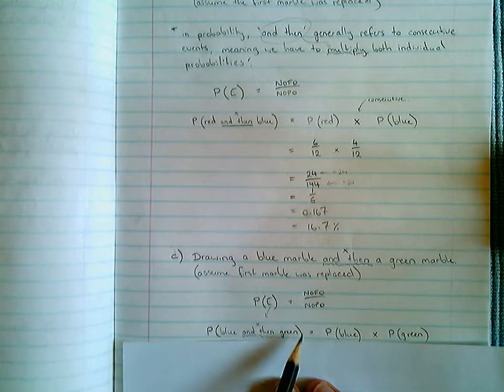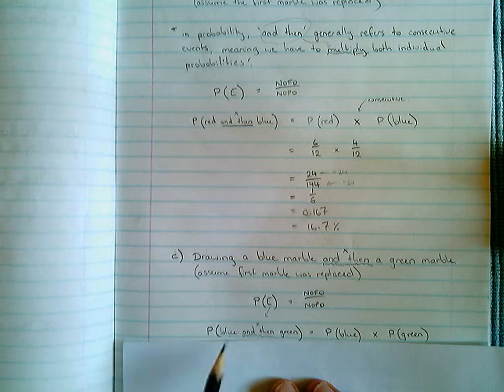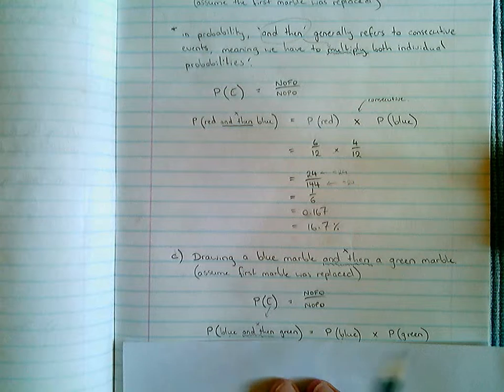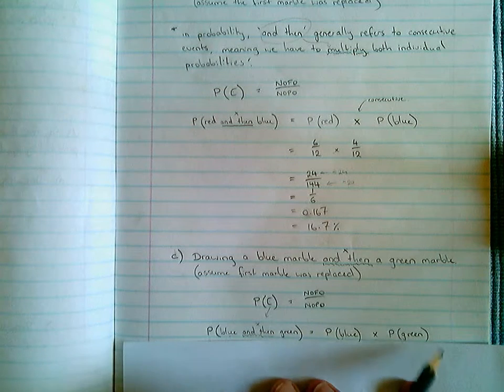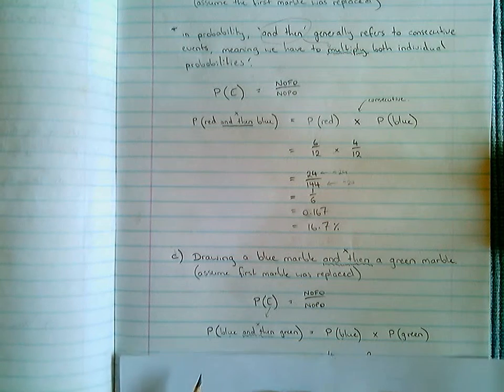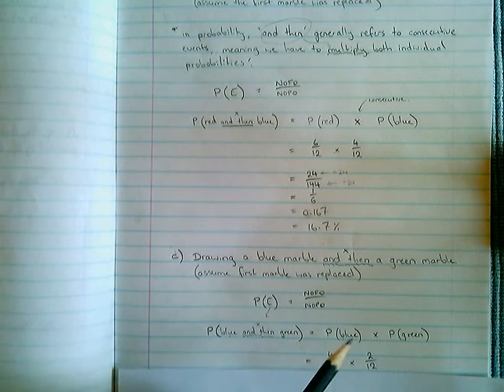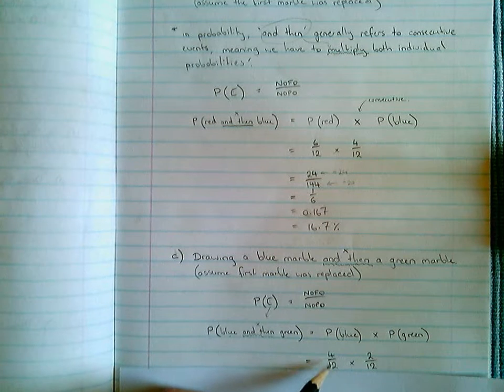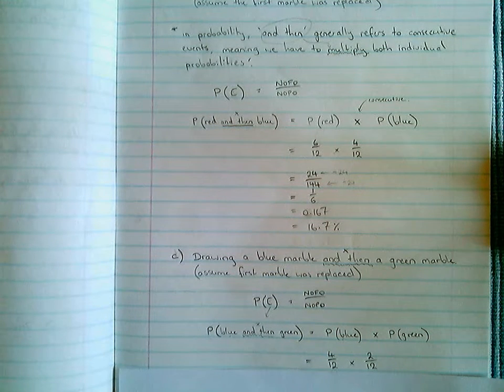Because in order to satisfy this, I need to draw a blue and then a green. Substituting into our original formula, the probability of a blue is equal to 4 favourable blues divided by 12 marbles in the bag.